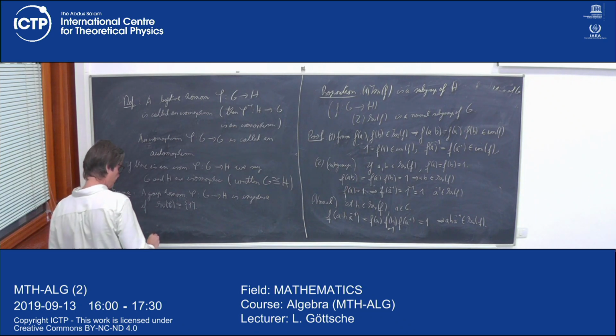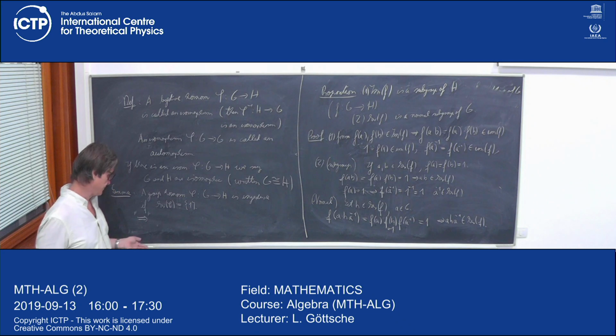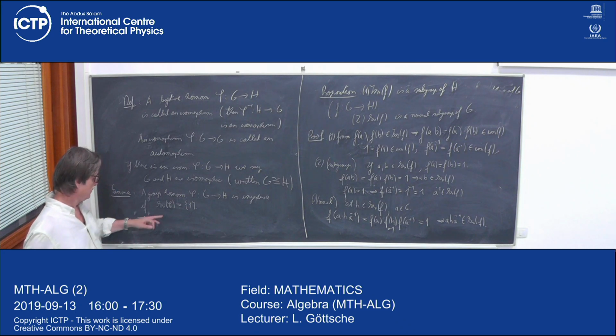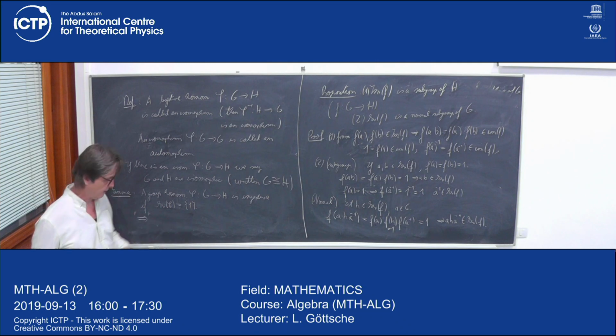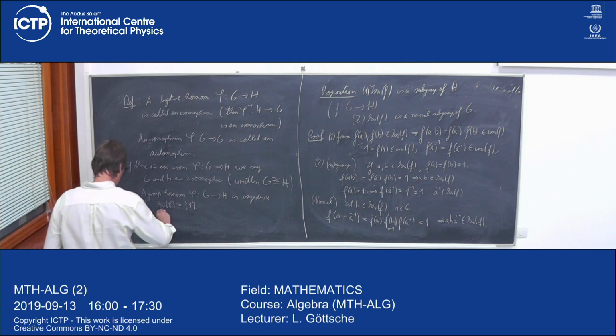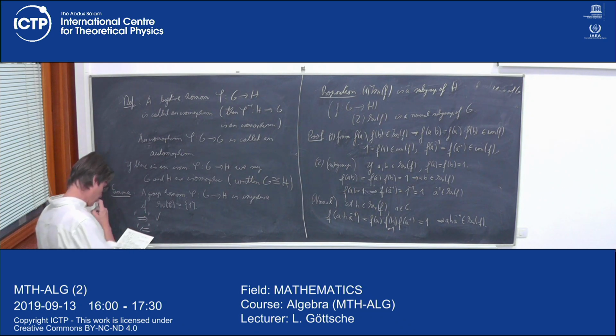This direction is a trivial one. Clearly φ sends 1 to 1, and if it's injective, it's not allowed to send any other element to 1, and so the kernel has to be just 1. So let's go the other direction.